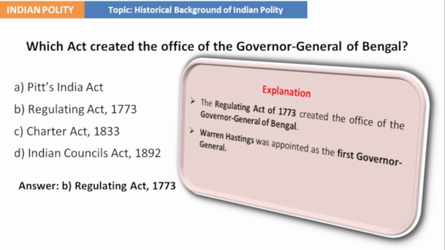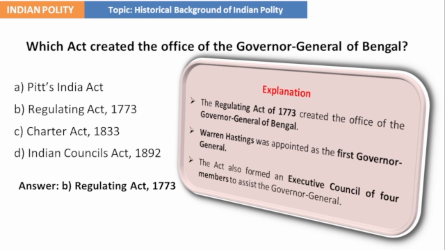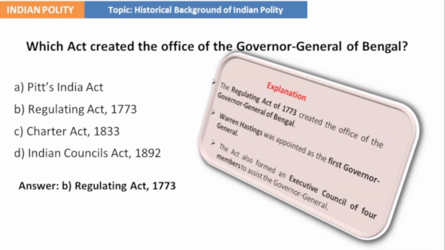Warren Hastings was appointed as the first Governor General. The Act also formed an executive council of 4 members to assist the Governor General.